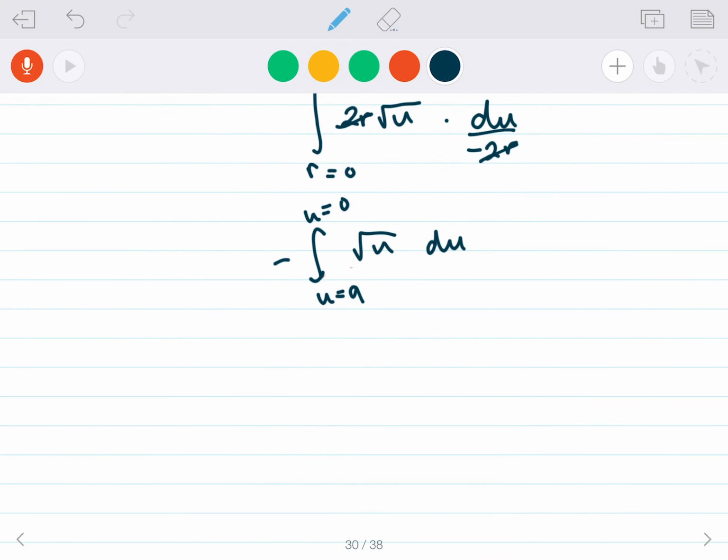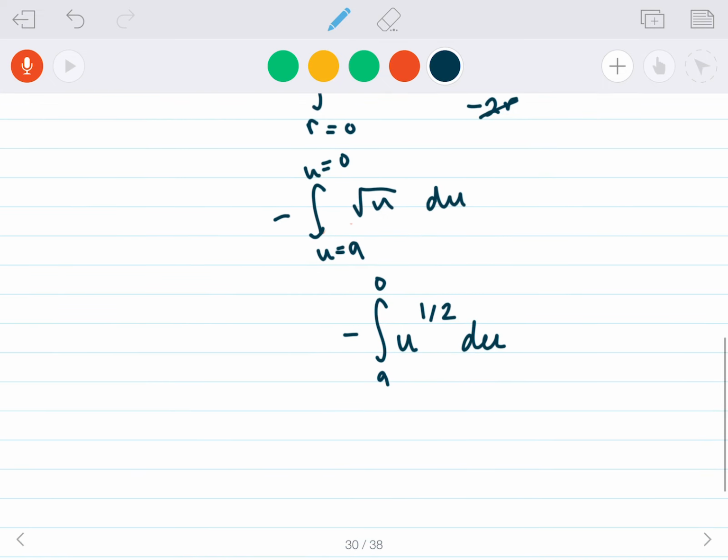So this is just u to the 1/2. We're going from u equals 9 to u equals 0. And if I add 1 and divide by that, I'm going to get, let's see, u to the 3/2 over 3/2, which is just times 2/3.